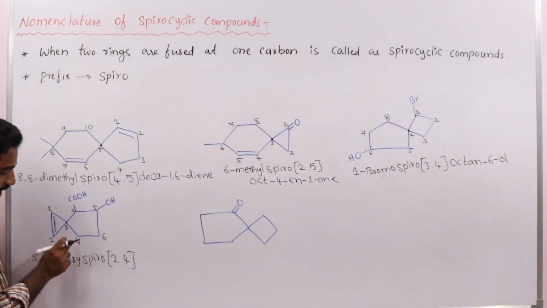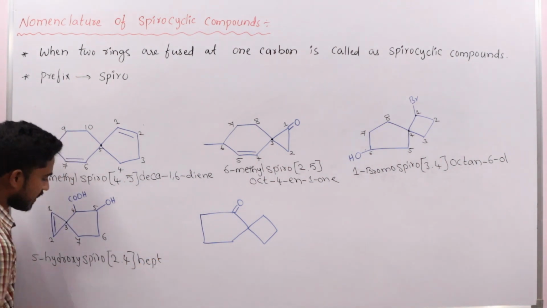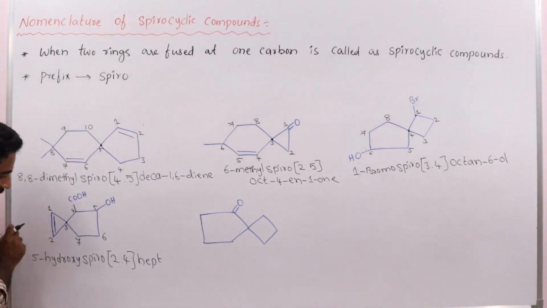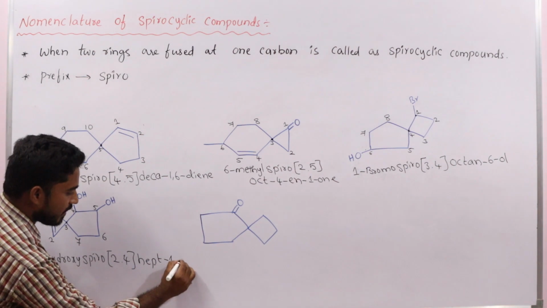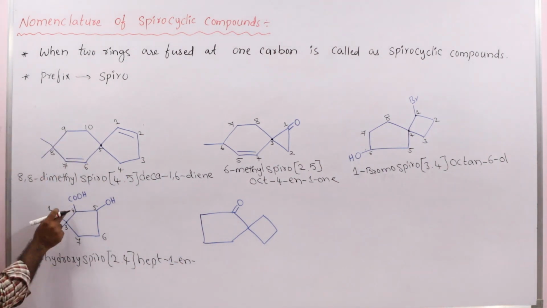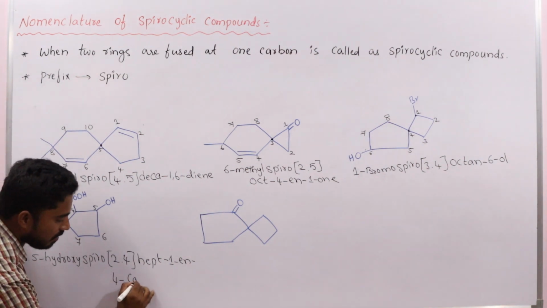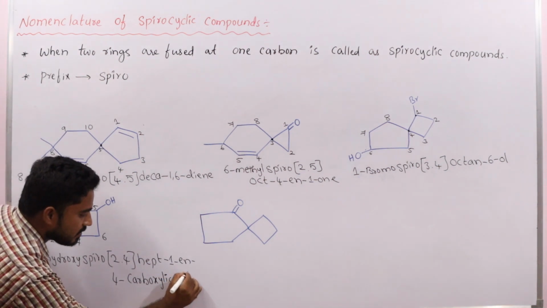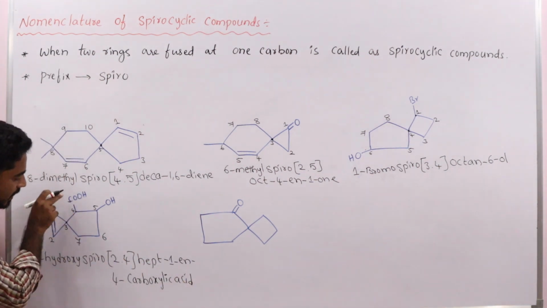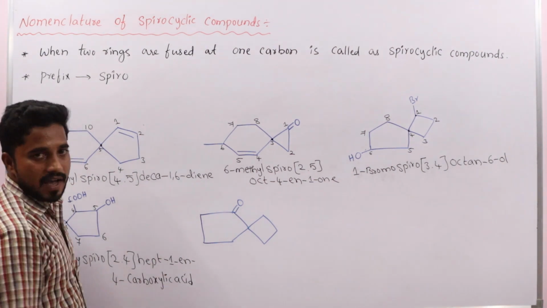Okay, total number of carbons is 7, that's why hept. Saturated or unsaturated? Unsaturated, the unsaturation is between positions 1, 2, that's why hept-1-ene, and at the 4th position the COOH group is there, that's why 4-carboxylic acid. Why are we using carboxylic acid here? Because the functional group carbon is not included in the ring.